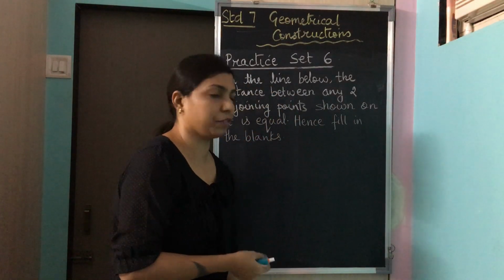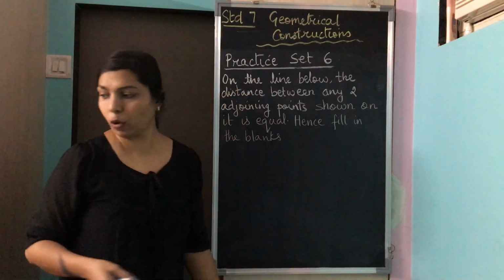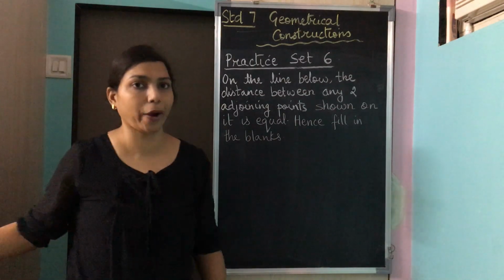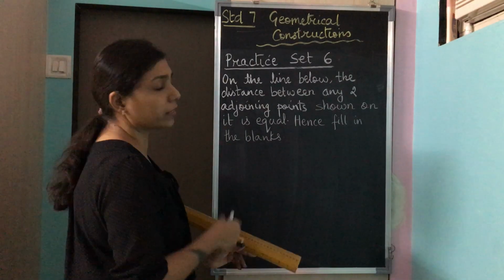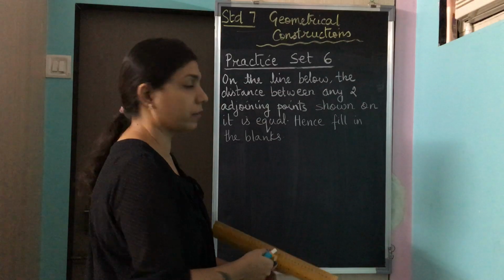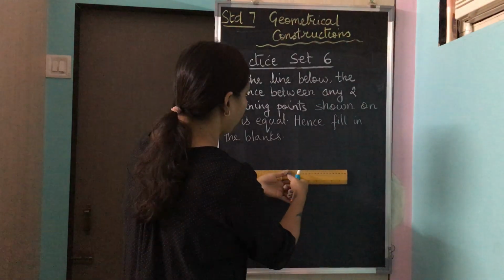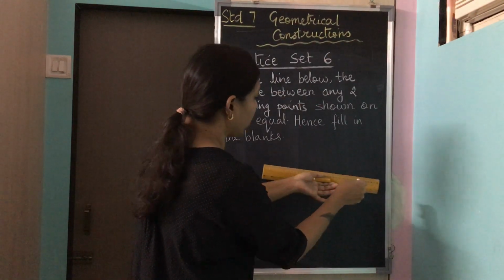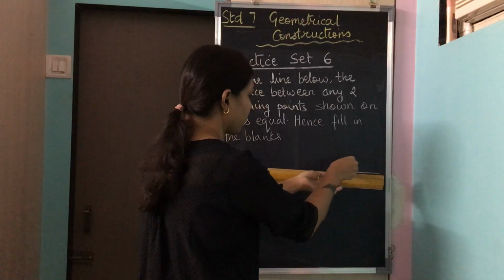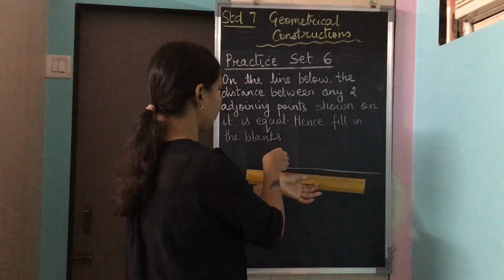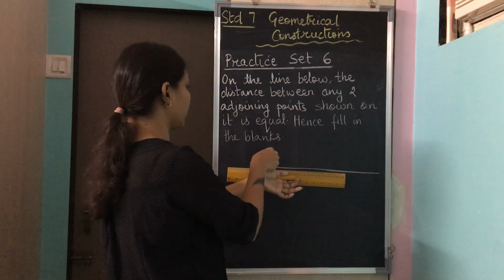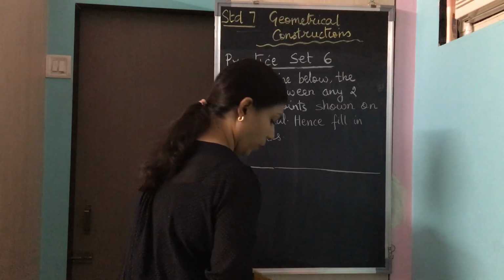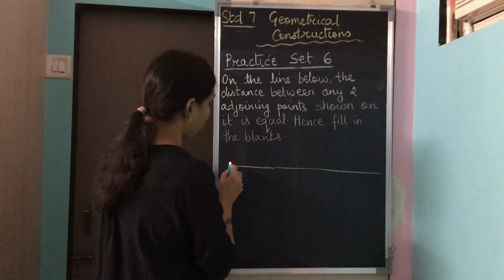Number line which is given, and they are saying that on the number line there are points shown, and the distance between each of the points is equal. Okay, so let me just draw the number line on the board over here first. Right, so I have drawn the number line.